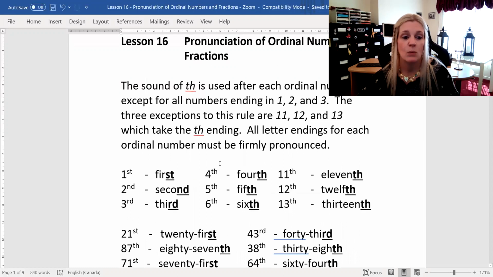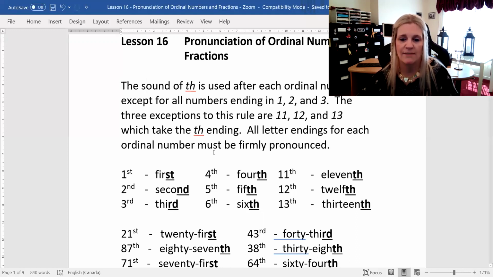Okay, so if we look at number 1, we would pronounce the ST sound in first. Number 2, we would say second. And number 3, third. For all other numbers, like 4, we pronounce the TH, fourth. 5, fifth. 6, sixth.